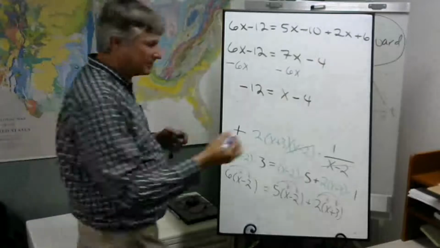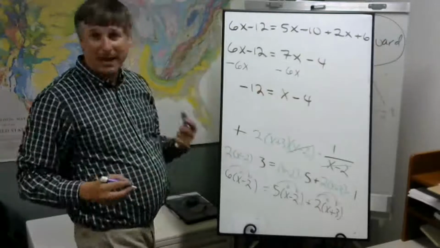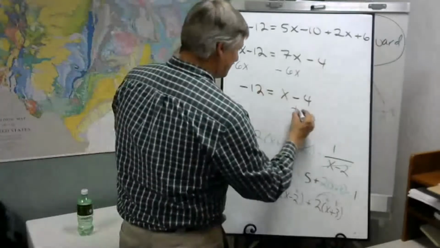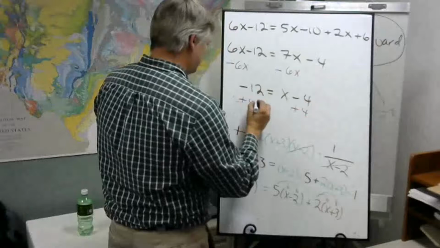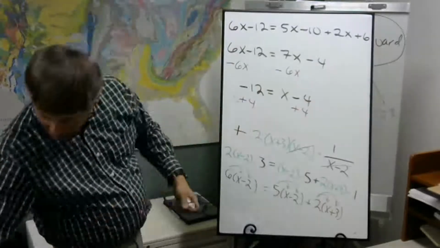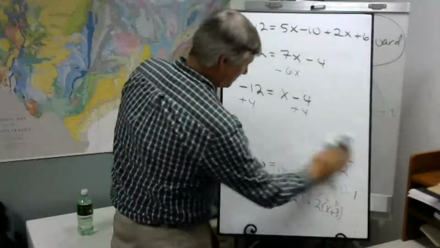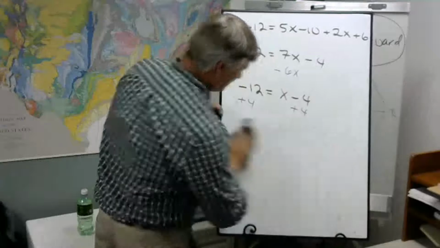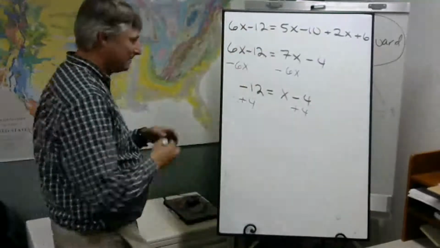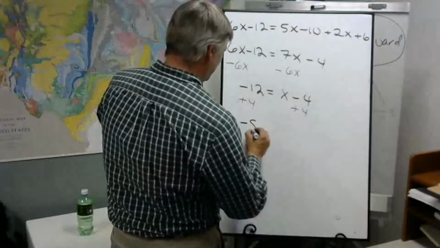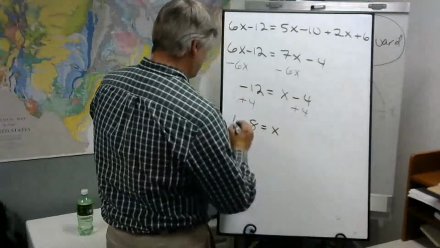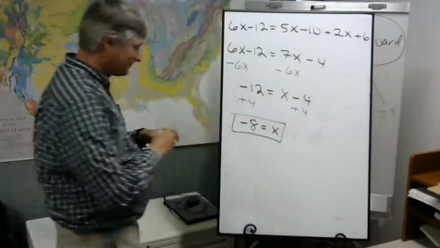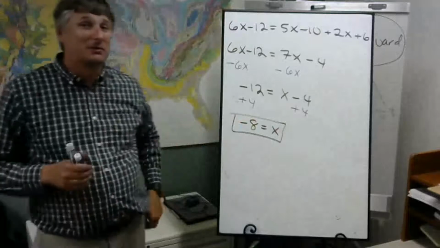Finally, to get x by itself, the opposite of subtracting 4 is adding 4. So negative 8 equals x. And that's going to be your answer.